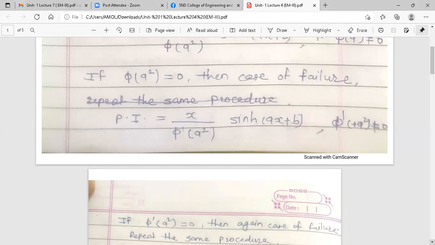So the PI in that case is x upon phi dash of a square into sinh(ax + b). The condition again is that phi dash of a square must be non-zero.